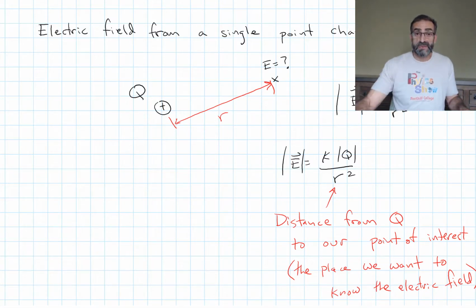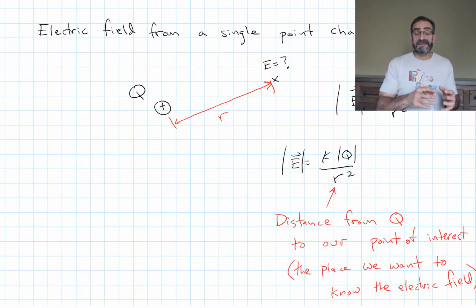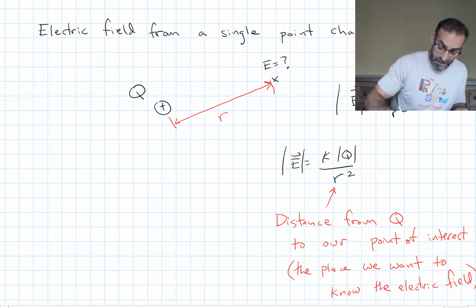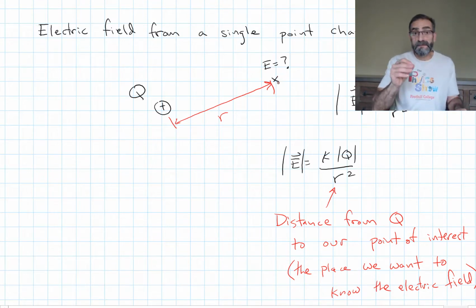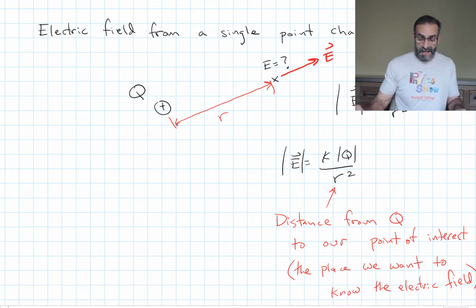And of course, we need direction for an electric field. So I would look at this scenario, and I'd say this is a positive charge. So the electric field is going to point away from it. So at the location of my point of interest, the place I want to know what the electric field is, the electric field would point away from that positive charge.